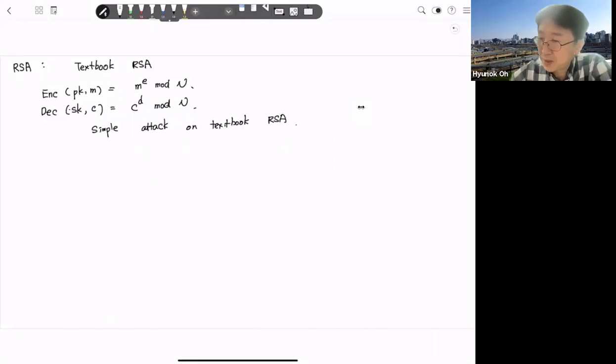So for instance, there are two parties like Alice and Bob, or this is a web server and this is a client browser. Let's say this is Alice and this is Bob.